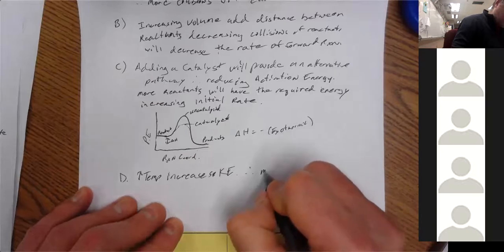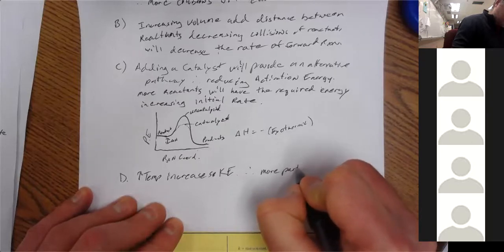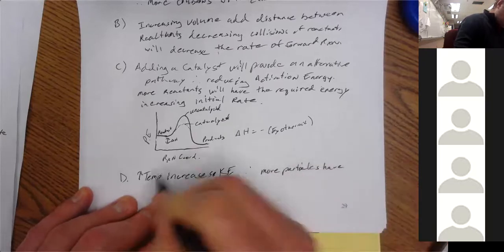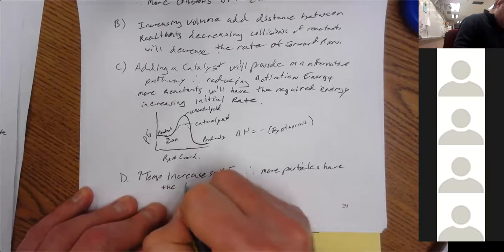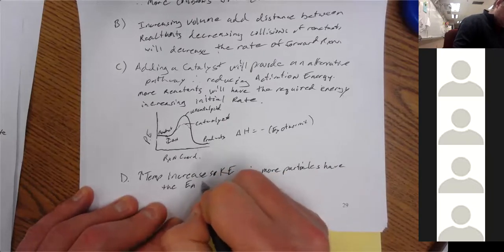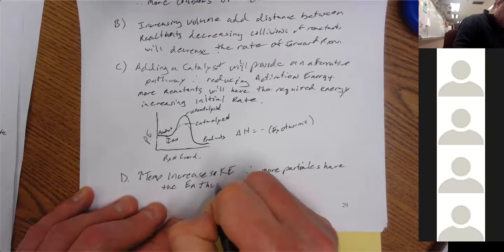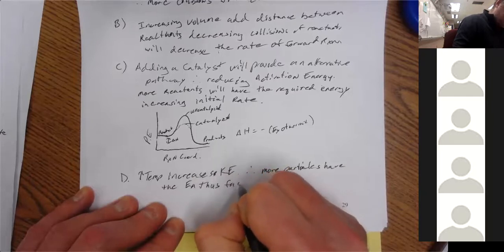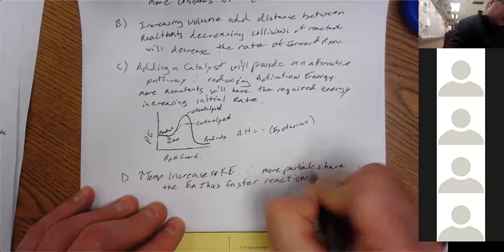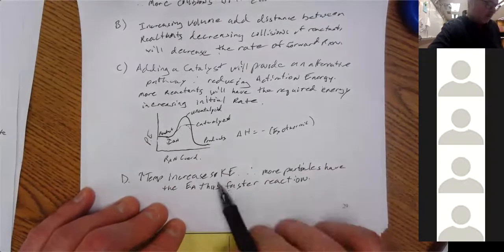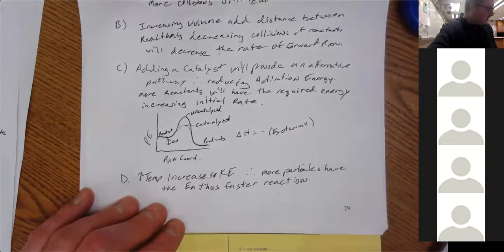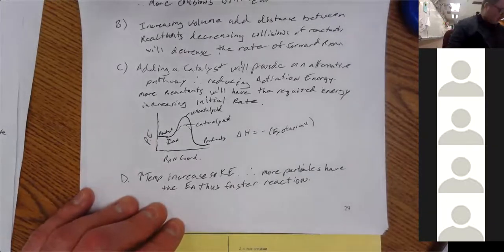Therefore, more particles have the required energy or the energy of activation, thus faster reaction. And again, this is like the one before. You could talk also about the particles moving faster, so there's going to be more collisions. Any of those would work.